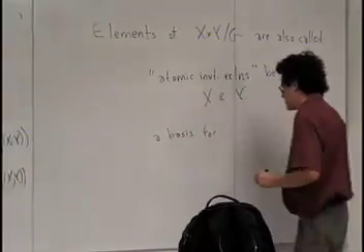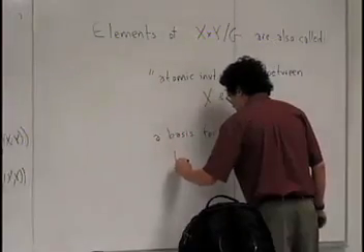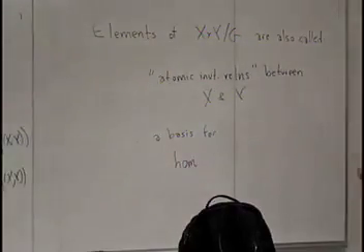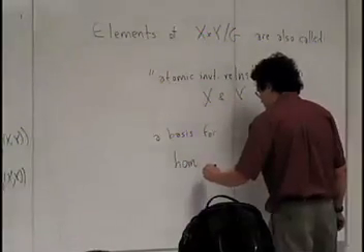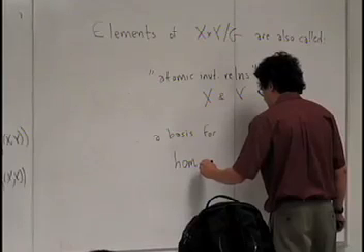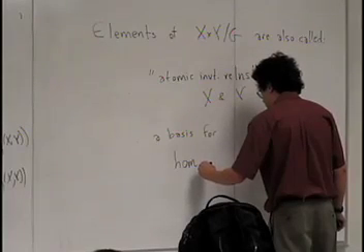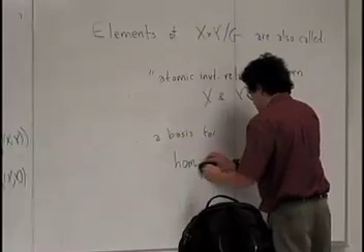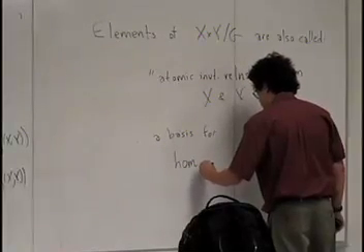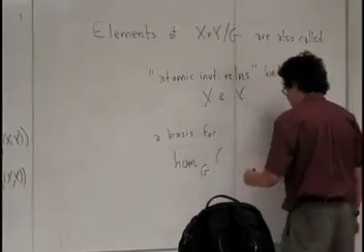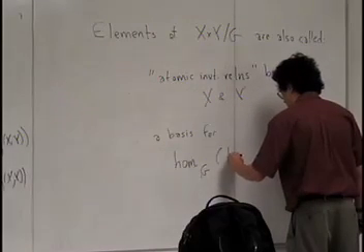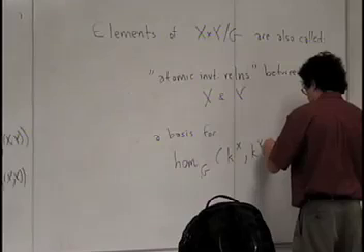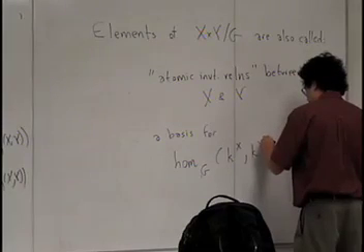for the space of intertwining operators between the permutation representations of the G-sets X and Y. Let me use k to the X and k to the Y to define it.